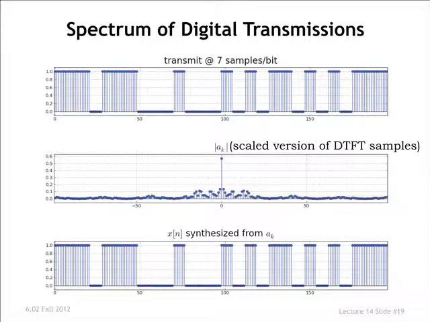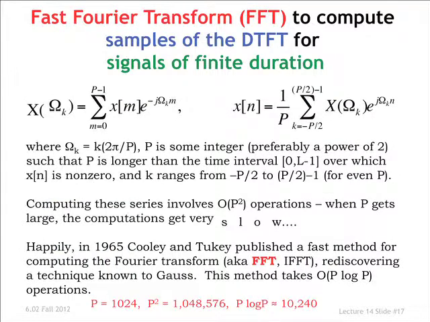The discrete time Fourier series turns out to be something very similar to the formulas I showed you for the FFT. So the discrete time Fourier series, apart from a scale factor, is essentially a story built around this relationship.